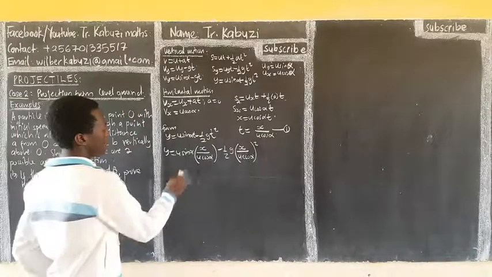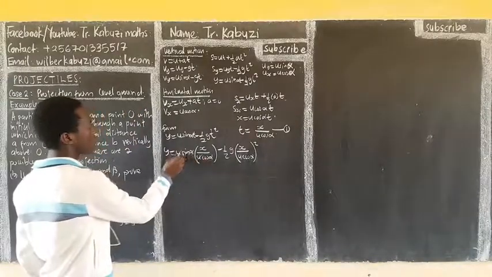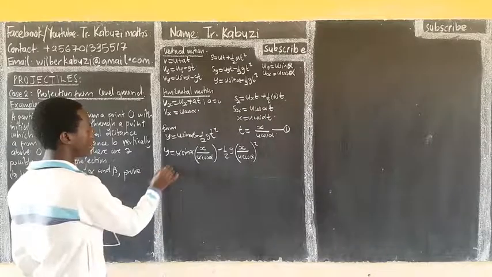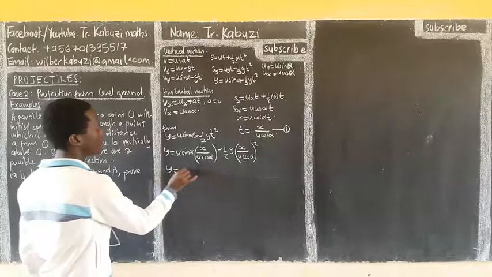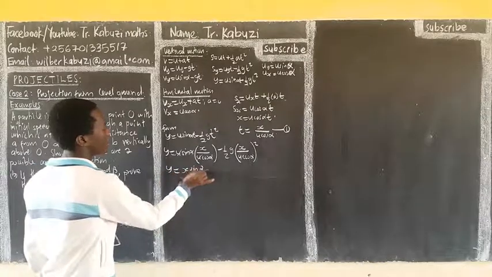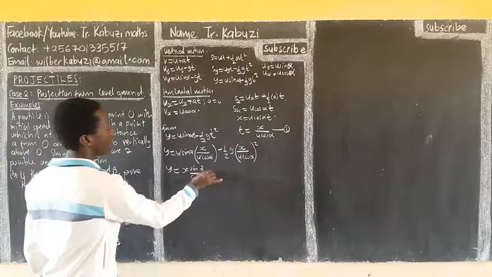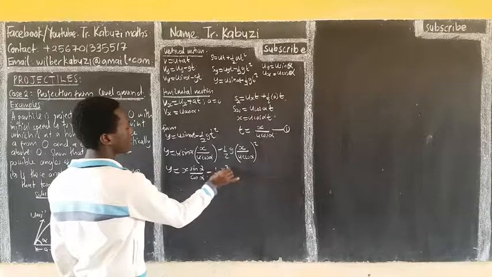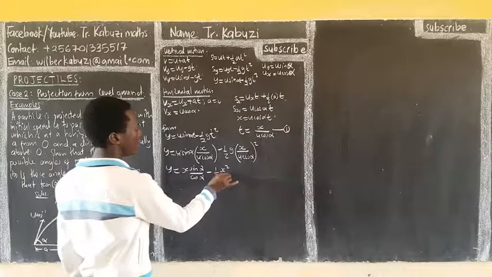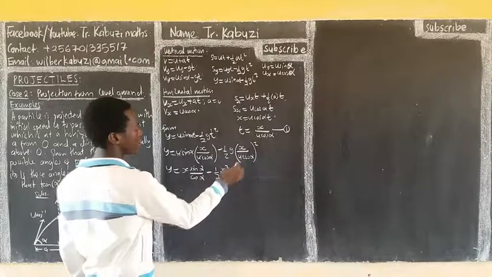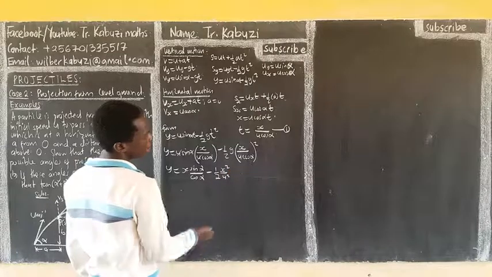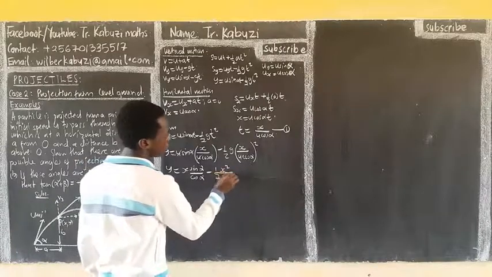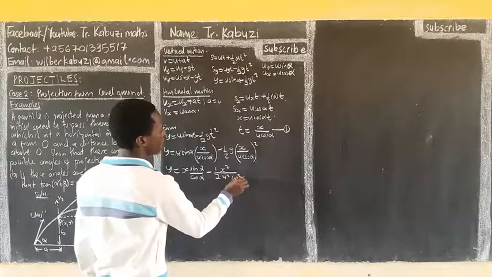From there, if you simplify, you see this cos will go with that one. This is going to give us y equaling to x sine alpha over cos alpha, then minus a half g x squared over u squared, all over cos squared alpha.